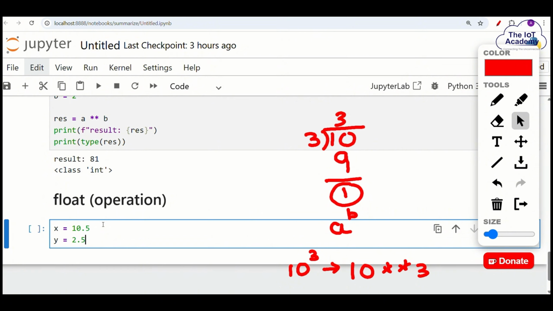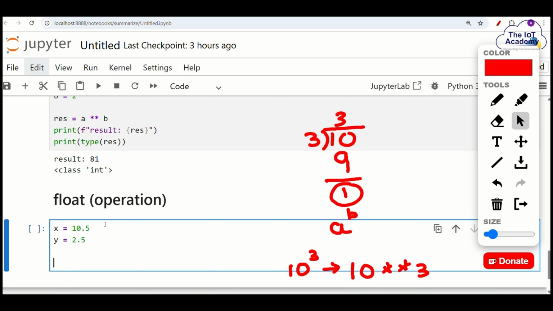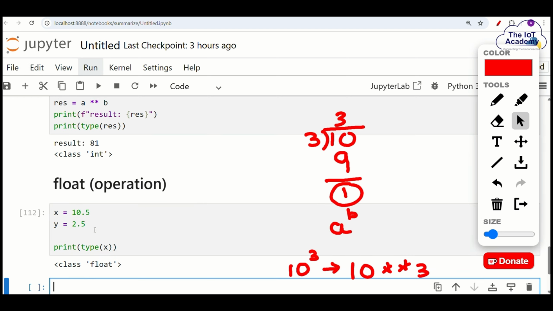In this particular instance, both of them are float. Let's just verify, are they float? Print type x. All right, so let's be sure that they are float, and they are float. No surprises over here.